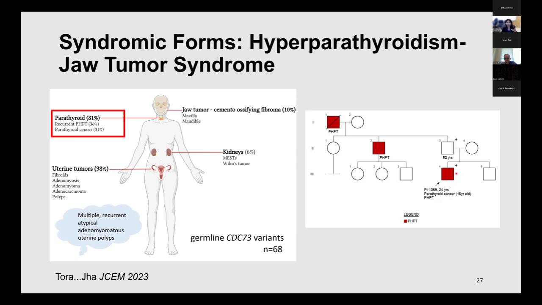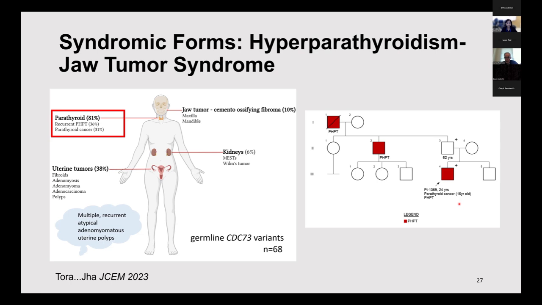But on pedigree charting, he reported a history of primary hyperparathyroidism in his paternal grandfather and his paternal uncle, indicating that his father was an obligate carrier of the variant. So it is because of incomplete penetrance of this gene that prophylactic parathyroidectomy is not recommended in this condition.